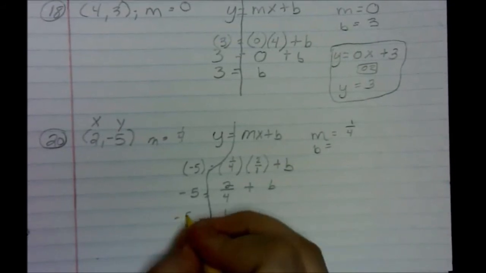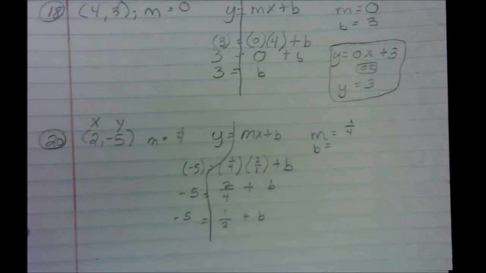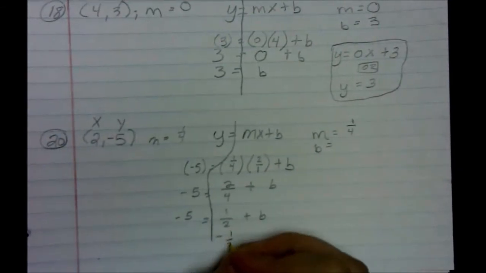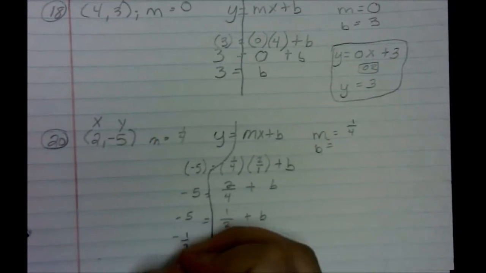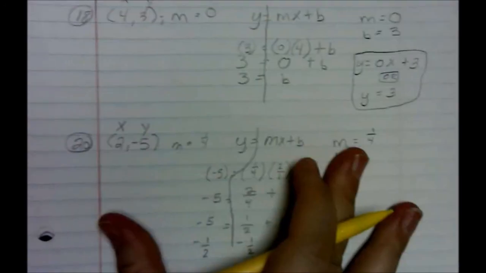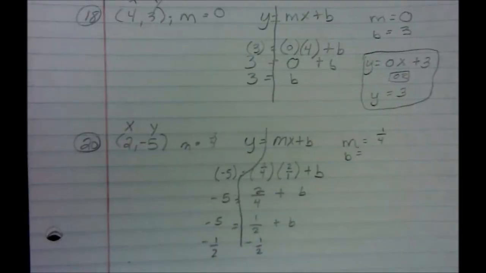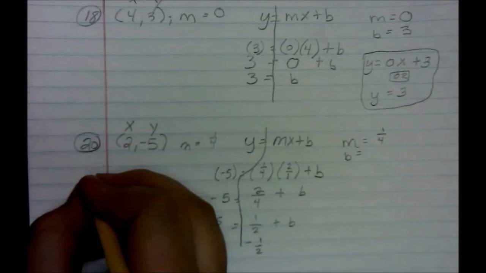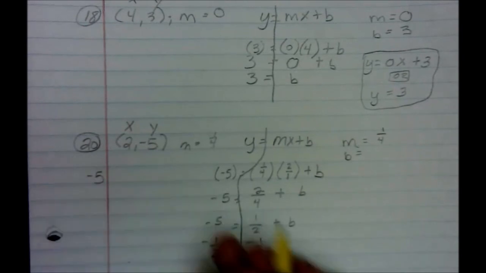So now, to get b by itself, I would subtract 1/2 from each side. Now I'm going to do this over here since we'll get a little bit more room there. So -5 minus 1/2.